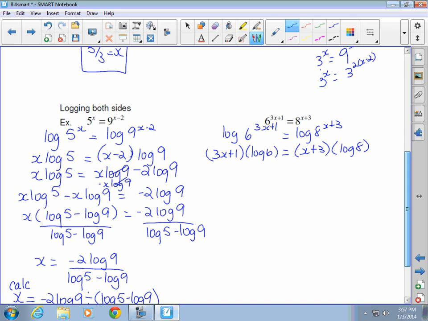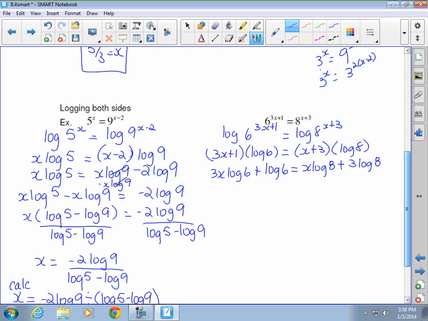So 3x times log 6 is 3x log 6 plus 1 times log 6 is log 6. Let's do the same thing on the other side. X times log 8 is x log 8 plus 3 times log 8 is 3 log 8.